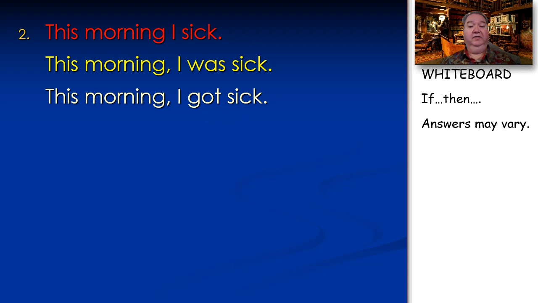I started feeling sick. So I would use this for more like a sudden onset, sudden beginning of something, vomiting or fever or something that happens sort of quickly. I was sick is sort of an existing condition.